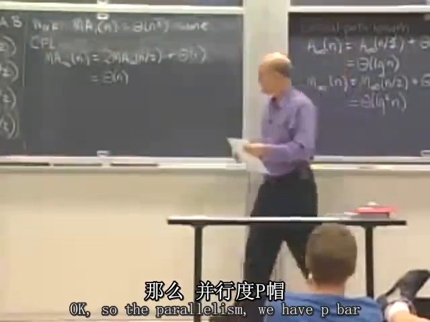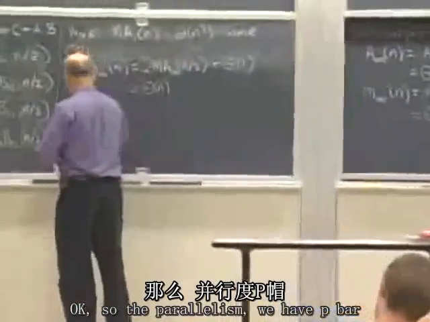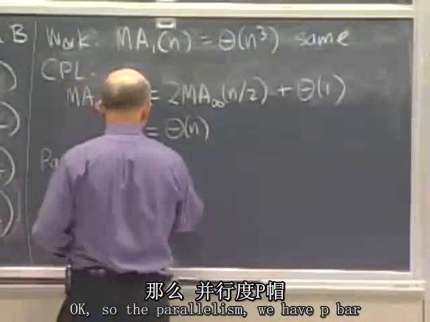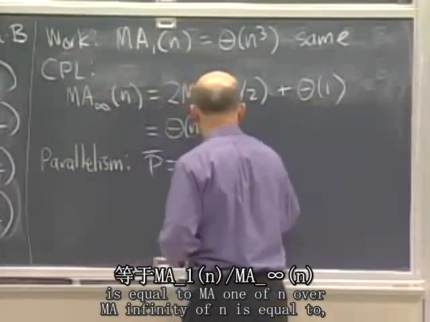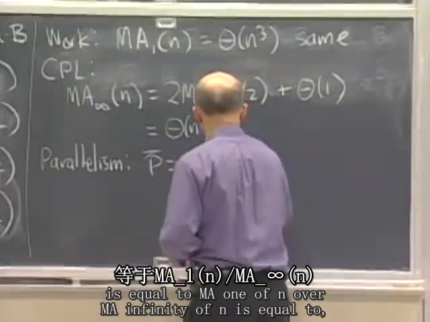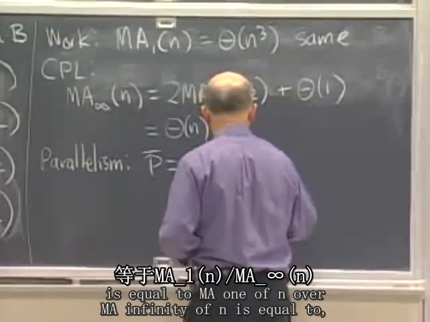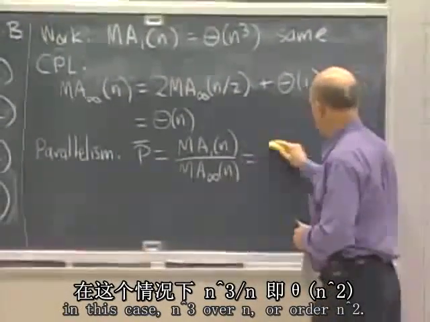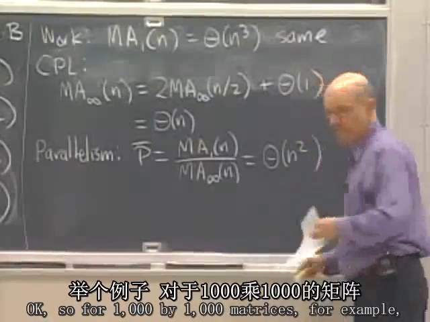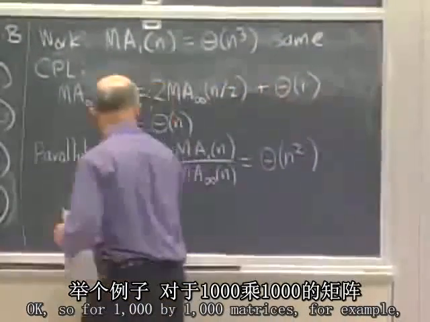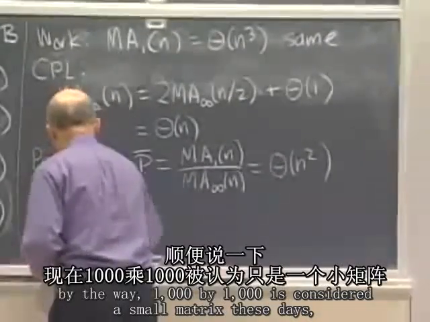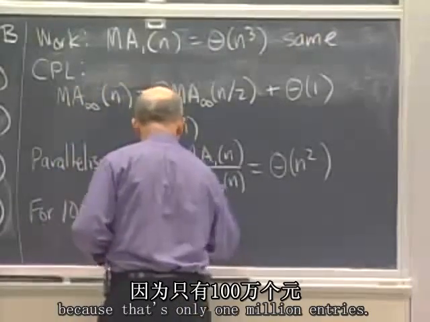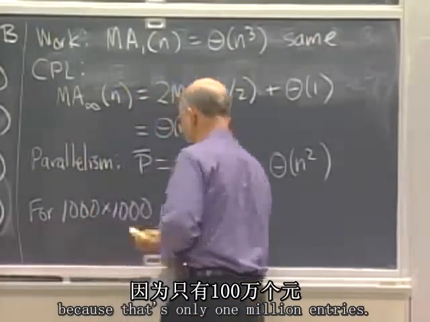So the parallelism, we have p bar is equal to M A 1 of n over M A infinity of n, which in this case is n cubed over n, or order n squared. Okay, so for 1,000 by 1,000 matrices, for example, by the way, 1,000 by 1,000 is considered a small matrix these days, because that's only 1,000,000 entries.